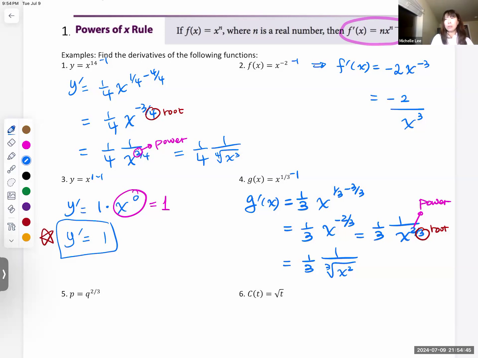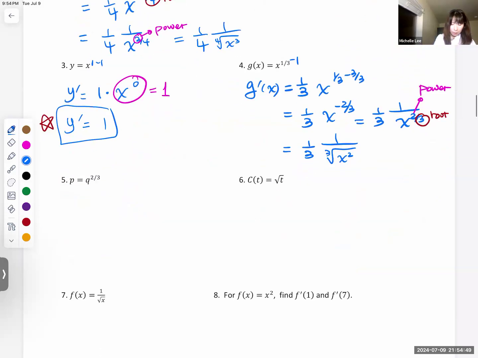Okay, now we have p, so p prime equal to, drop the power, 2/3 q, and then we reduce by 1 for the power. So 2/3 minus 3/3, that's the 1 in this case. So it will be 2/3 q to the -1/3.